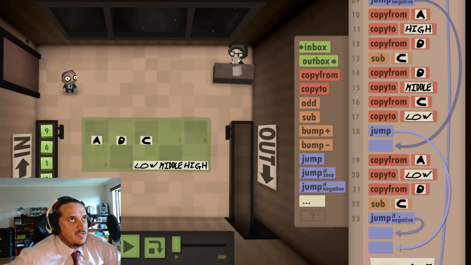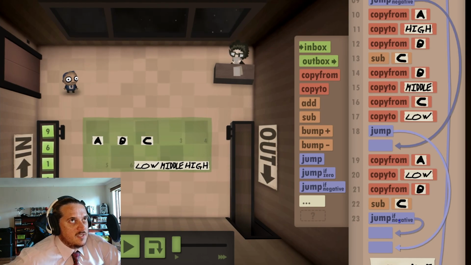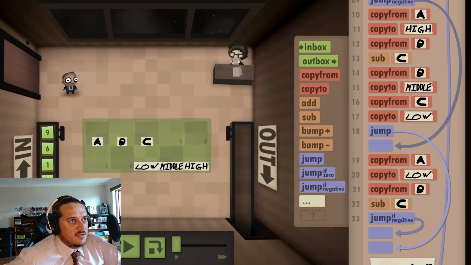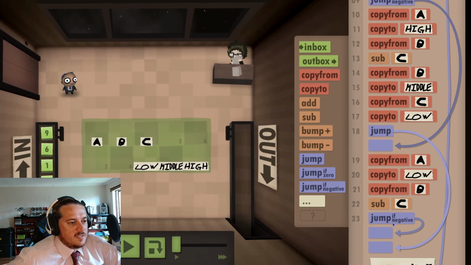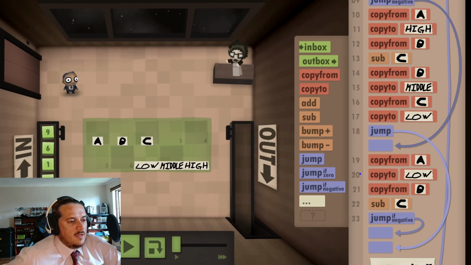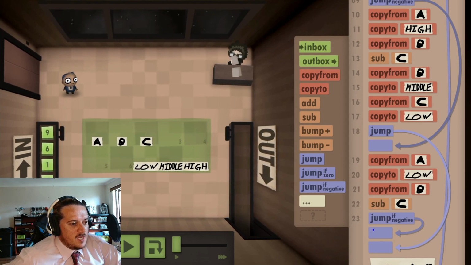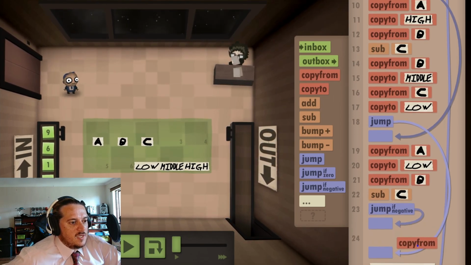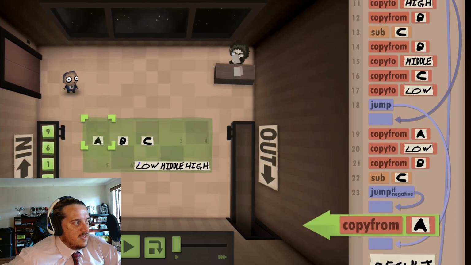Because if B minus C is negative, then C is higher than B. So then I want to do a check to see if C is higher than A.